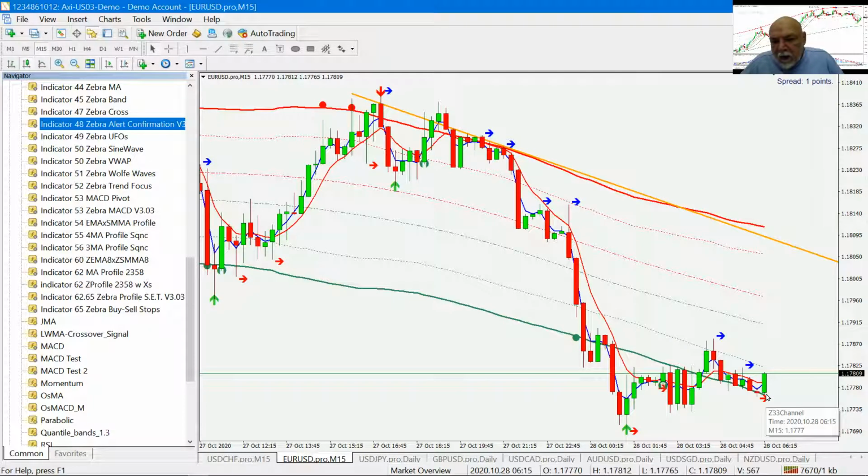All right, so the 15 is indicating that price wants to go up. However, remember this line here is still from the 4-hour chart, right? That's the line we put in on the 4-hour. Price is still wanting to go up slightly or down. It hasn't really moved to the upside yet.